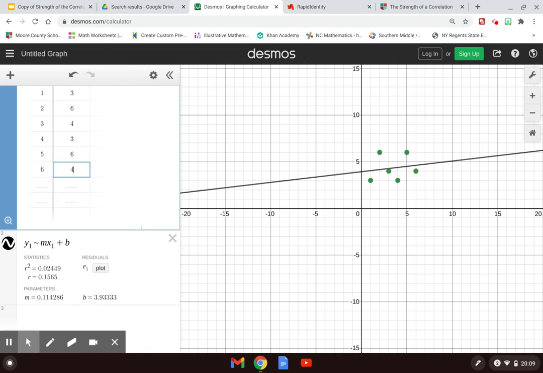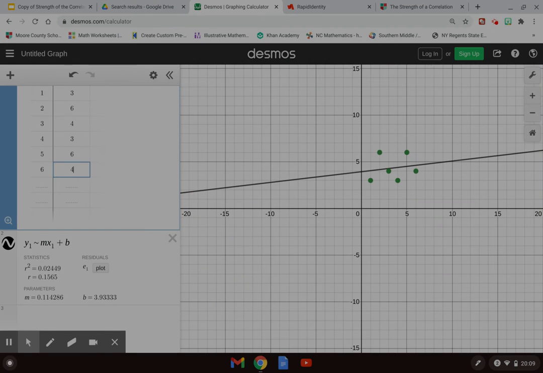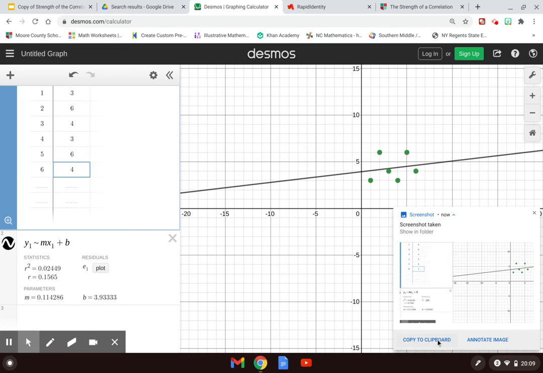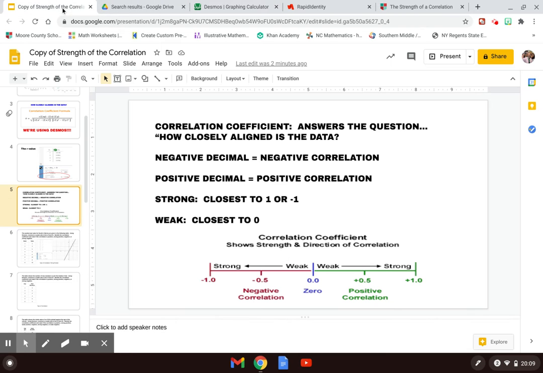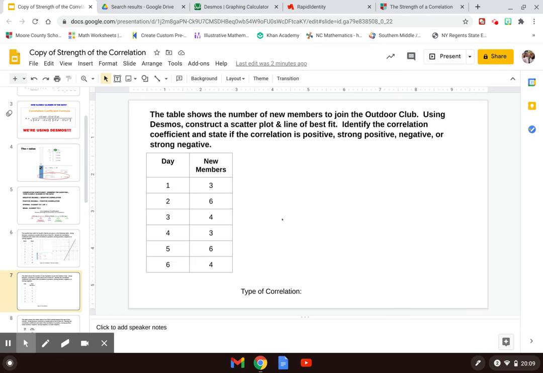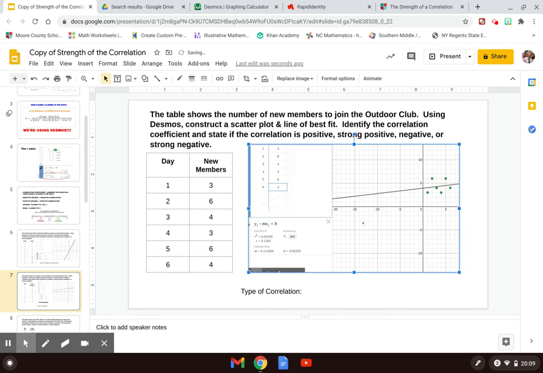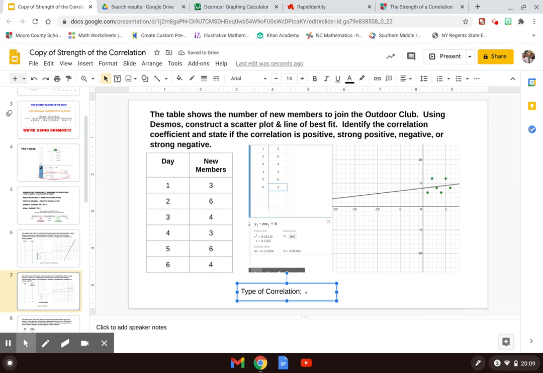Okay, so same thing. I'm going to screenshot this. And come over here, put it on my slide. And then for my type of correlation, this is going to be a weak positive correlation.